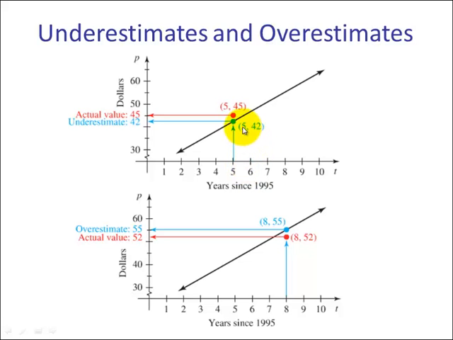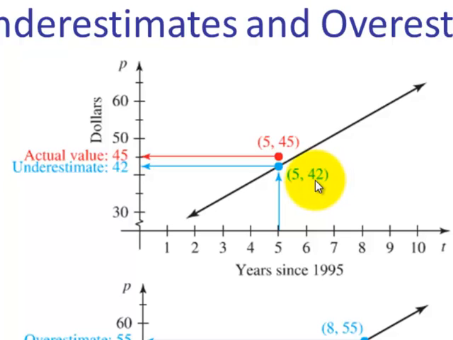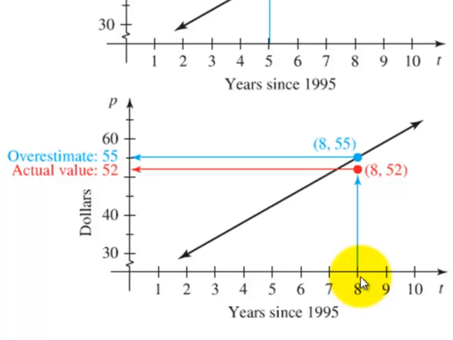So according to the model, when t is 5, the model states that p is 42. The actual value was 45. In this case, this was an underestimate. The actual data point is above the line. When t is equal to 8, the model predicted p to be 55, but the actual value was $52.